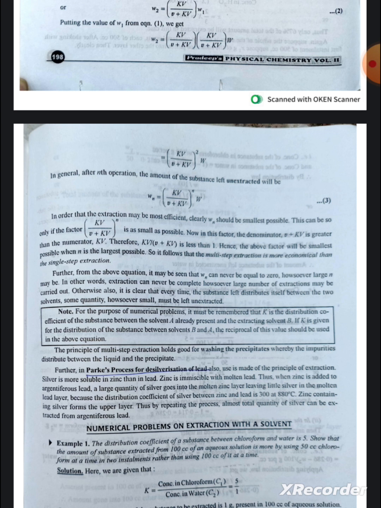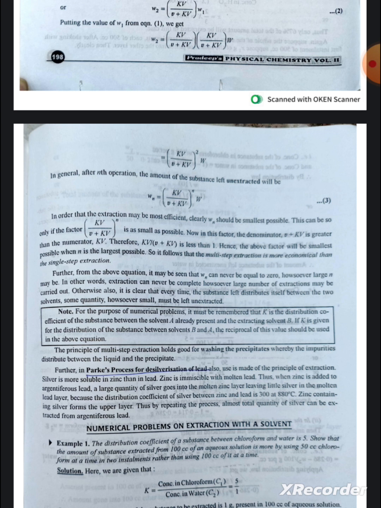Further, in Parkes' process for desilverization of lead also, use is made of the principle of extraction. Silver is more soluble in zinc than in lead. Zinc is immiscible with molten lead.